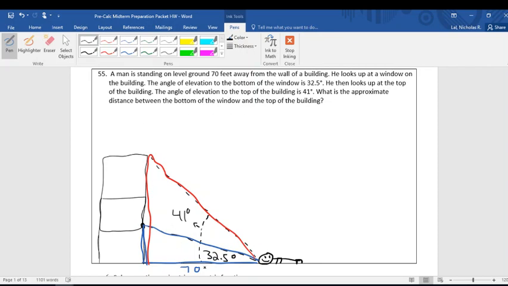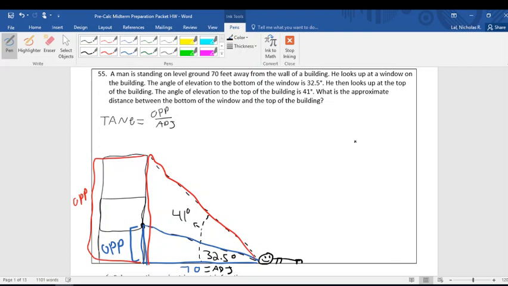Let's call 70 the adjacent side, and this blue side is the unknown opposite side, and this red side is the unknown opposite side for the red part of the triangle. You don't have to diagram it this much yourself, but I just want you to get the full picture. So the tangent of theta is equal to opposite over adjacent.